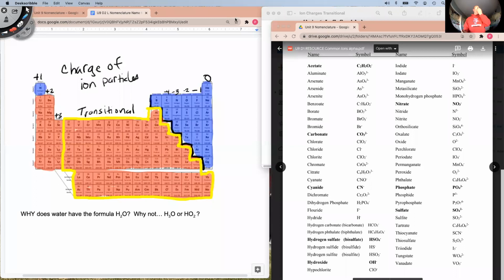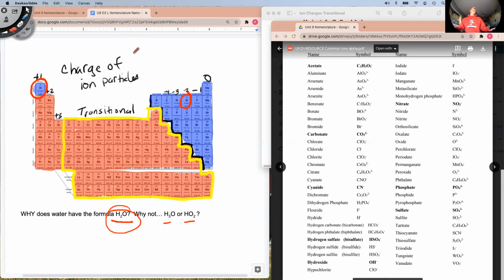Now, again, what we're going to work on today is why compounds have the formulas that they have. Let's take a quick look at water. Why is water H2O? We all know that water is H2O. Why isn't it H3O or HO2? Let me show you why. It's because there are two hydrogens. Hydrogen has a +1 charge, and oxygen has a -2 charge.